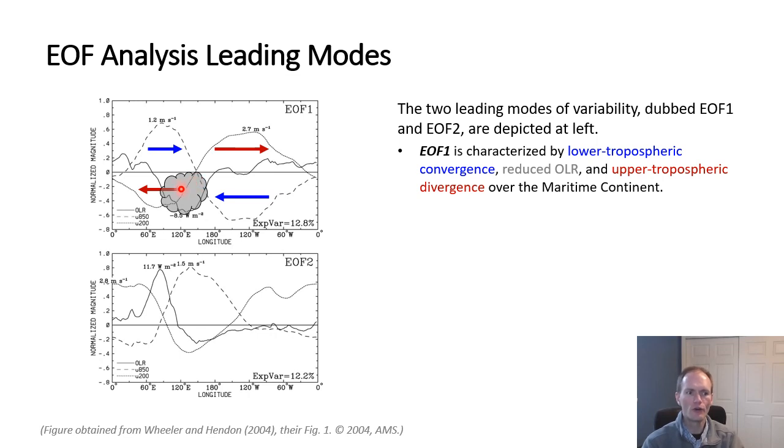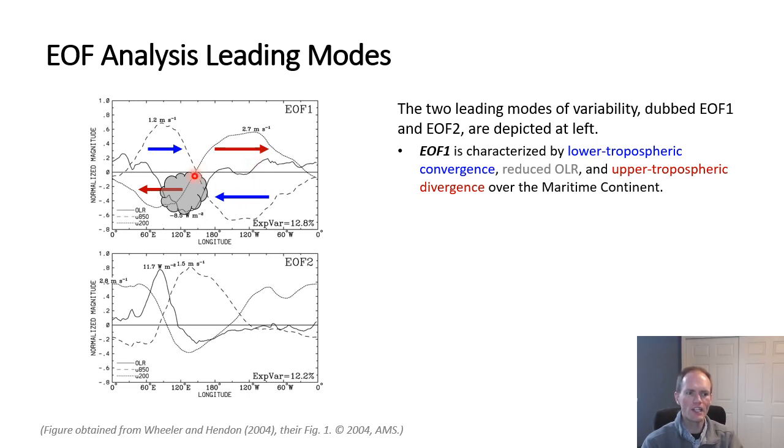In terms of the zonal wind, this long dashed line being the 850 hectopascal zonal wind, it's primarily westerly or positive in the eastern hemisphere and primarily easterly or negative in the western hemisphere. The 200 hectopascal zonal wind here in the short dash is largely the mirror opposite. It is easterly, negative in the eastern hemisphere, and westerly or positive in the western hemisphere.